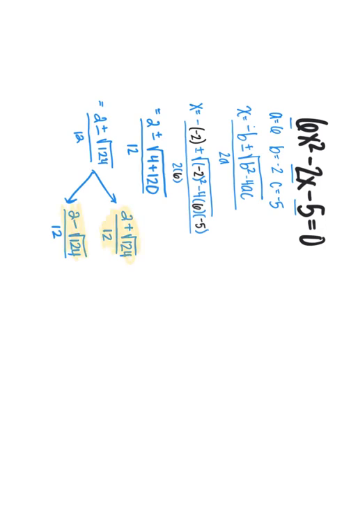But if you wanted to plug it into your calculator, we have approximately 1.09 and approximately negative 0.76. So there's our two answers using the quadratic formula, both in decimal and radical form.